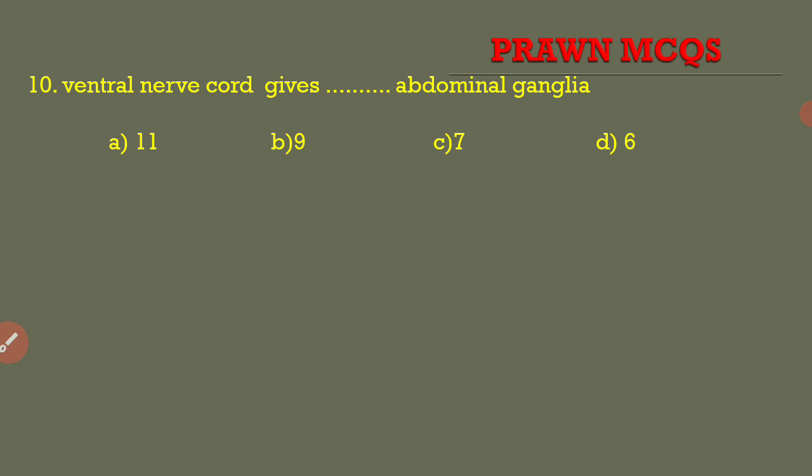That is 11, 9, 7 and 6. The correct option for this MCQ is 6. The ventral nerve cord has 6 ganglia, and these ganglia are called abdominal ganglia.